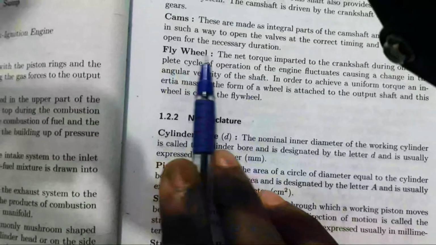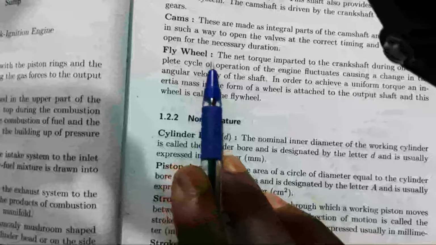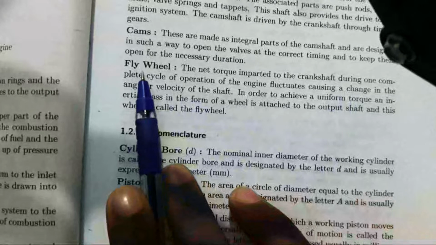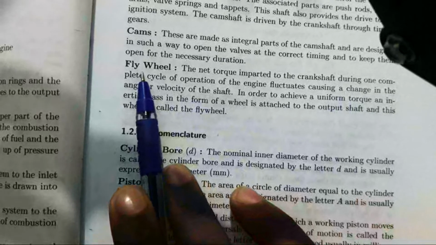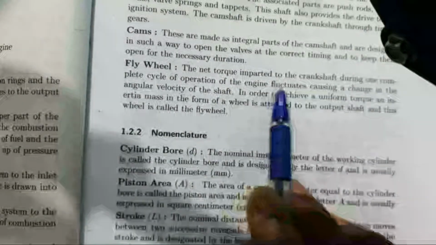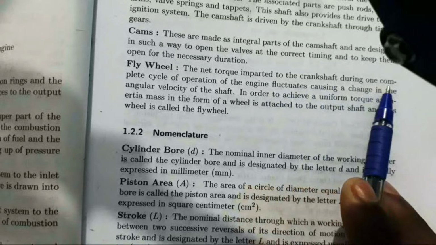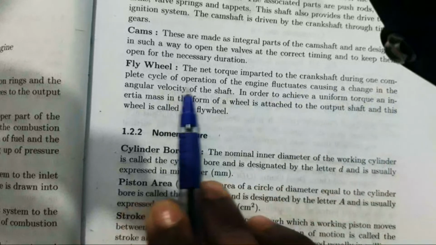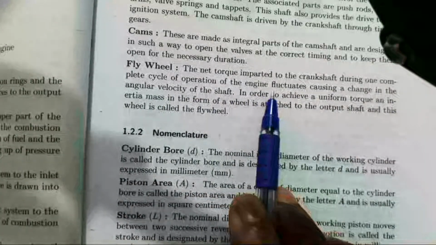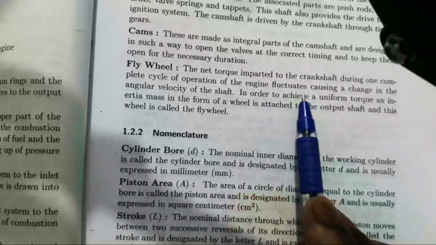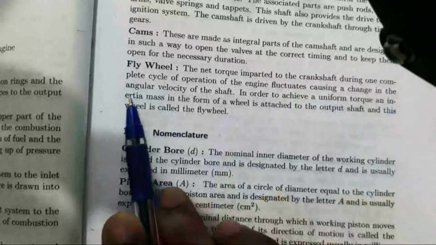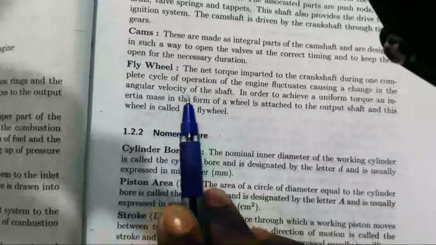Next is the flywheel. The net torque to the crankshaft during one complete cycle of operation of the engine fluctuates, causing a change in the angular velocity of the shaft.